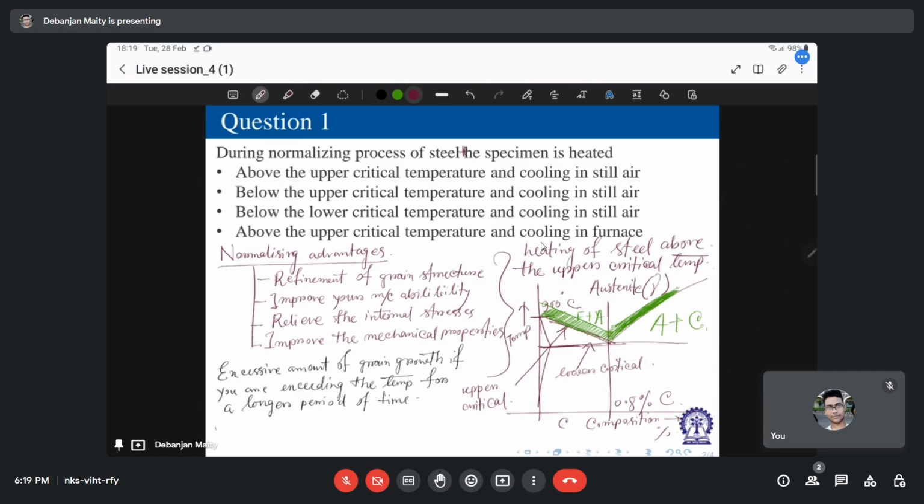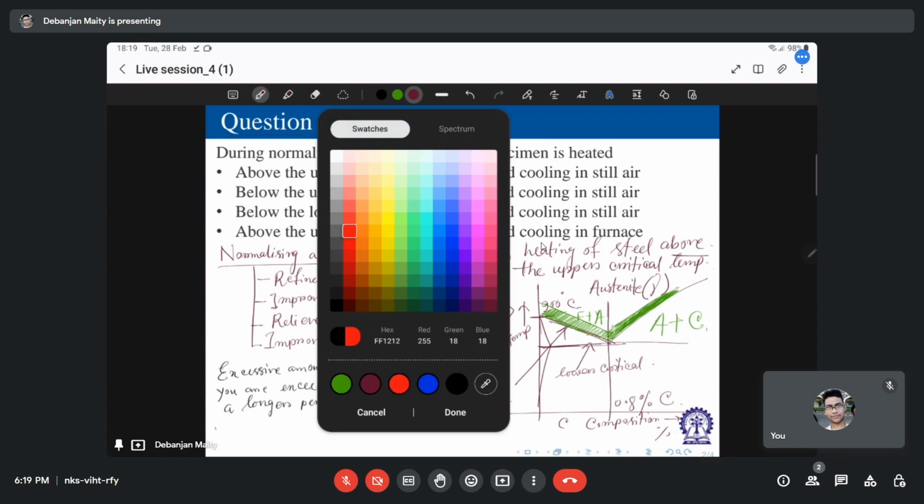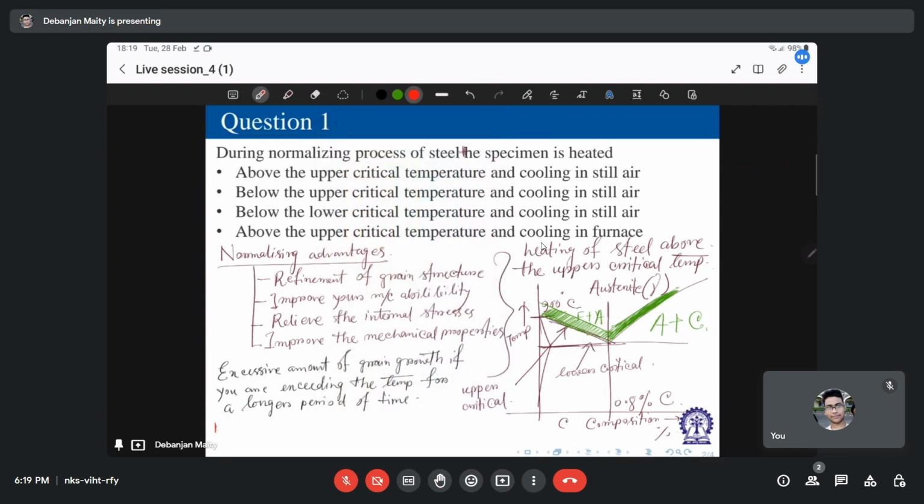The microstructure consists of fine pearlite with ferrite in hypoeutectoid steel, correct?